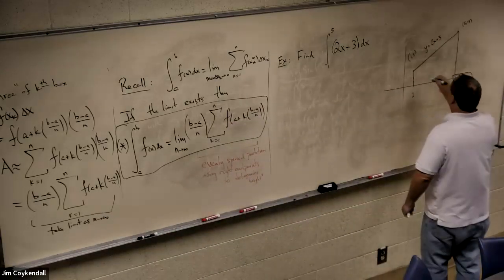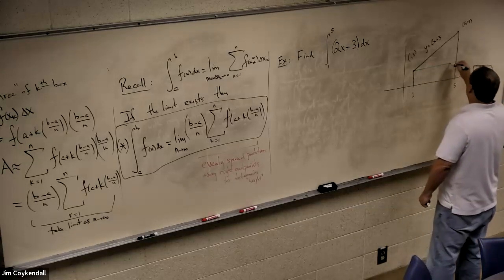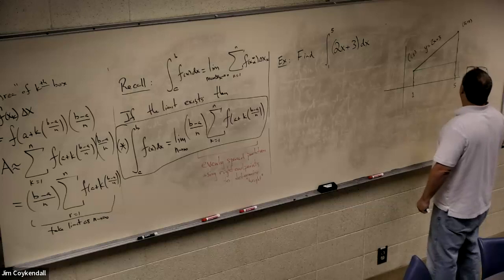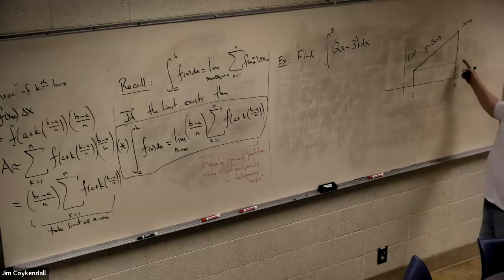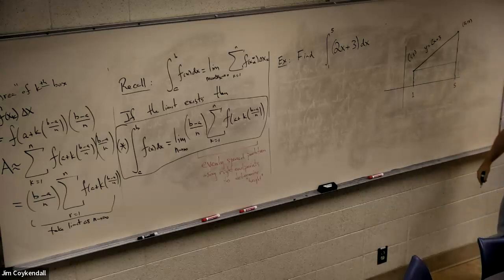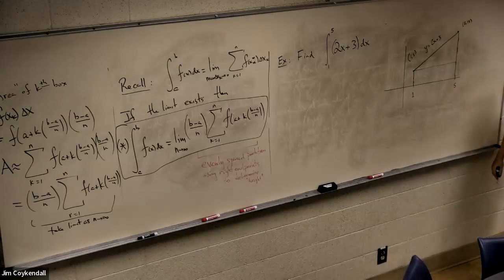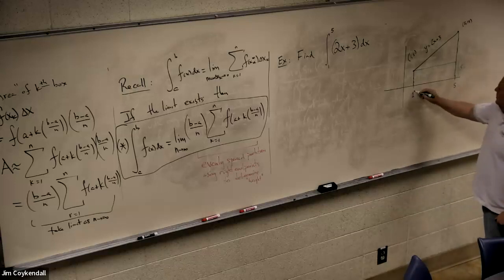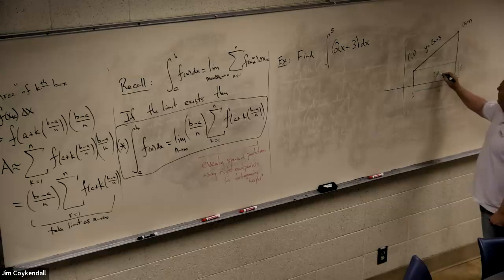A rectangle. The rectangle here has height, what is the height of this? 5. And the width is 4. So this area right here is 20.